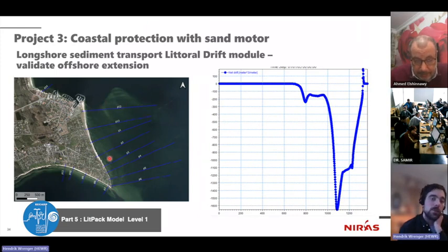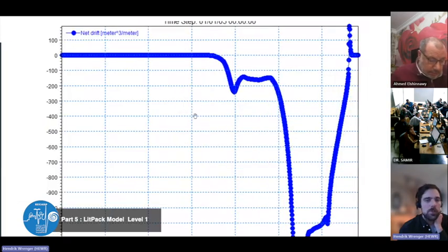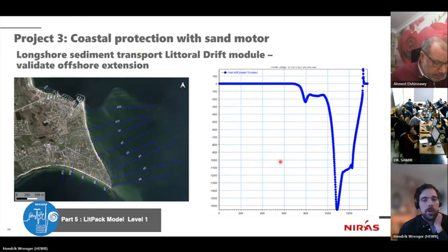So in that case, we took the profiles and modeled the extreme wave event, so the largest wave event that we have in our 10-year record, and look then at the profile, at the distribution of the longshore transport, and then you can see it approaches zero. So somewhere around here, if the largest event is not giving any transport here, then we don't need to model this part here in our littoral drift module, right?